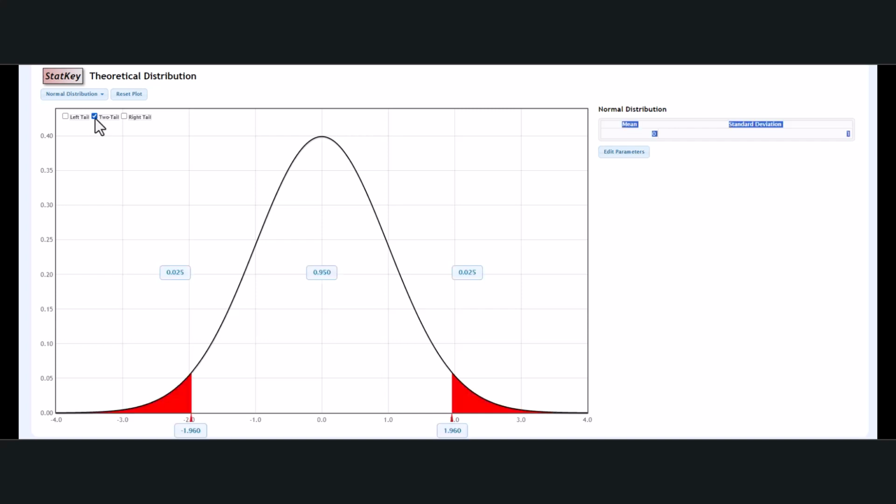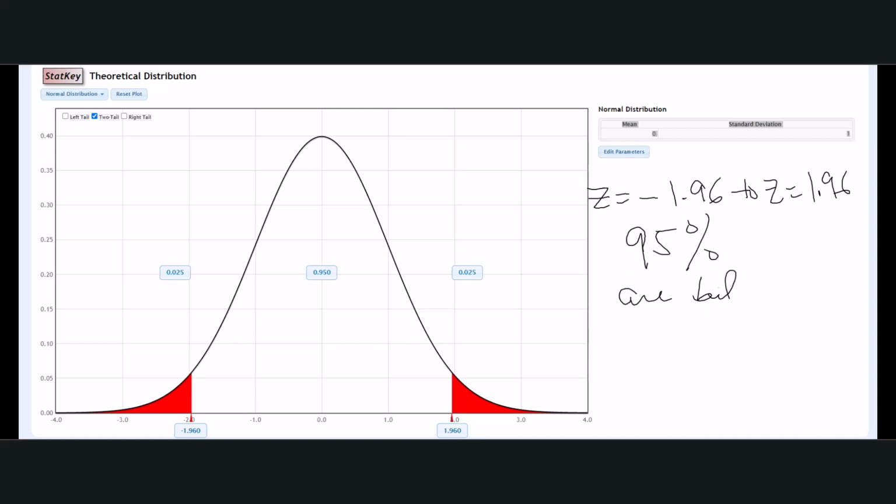So let's just click on this two-tail. What it shows us is that 95% of the area, or 0.95 of the area, is between z equals negative 1.96 and z equals positive 1.96, and that's where your 68, 95, 99.7 rule came from.